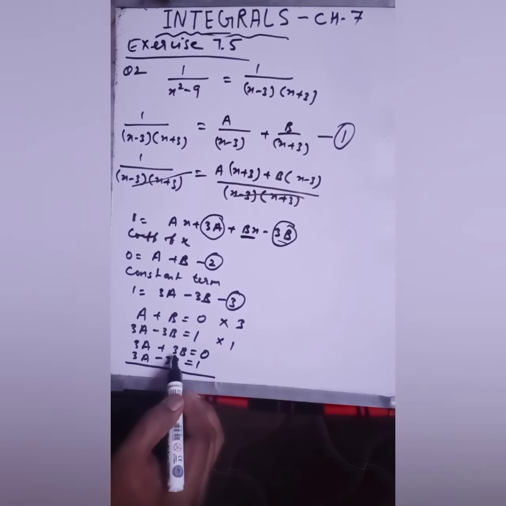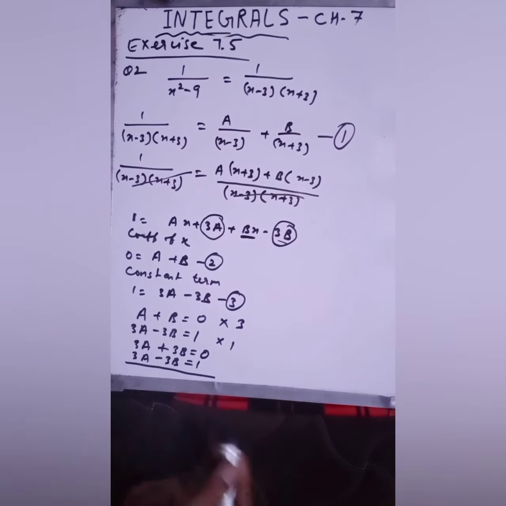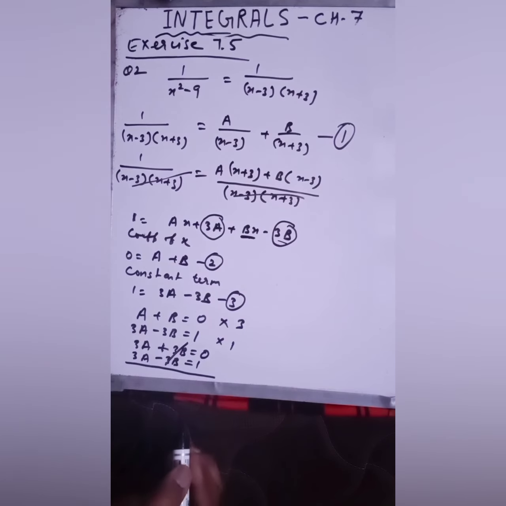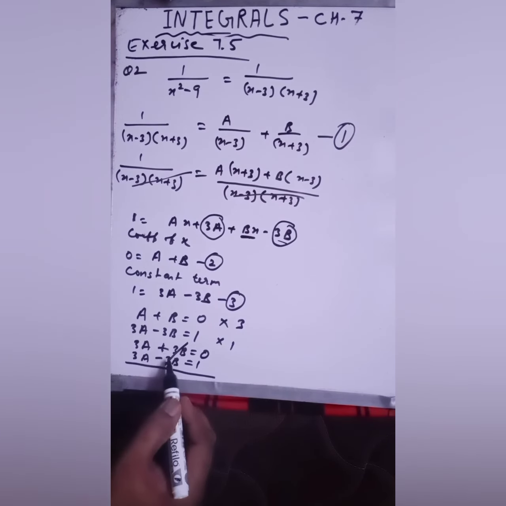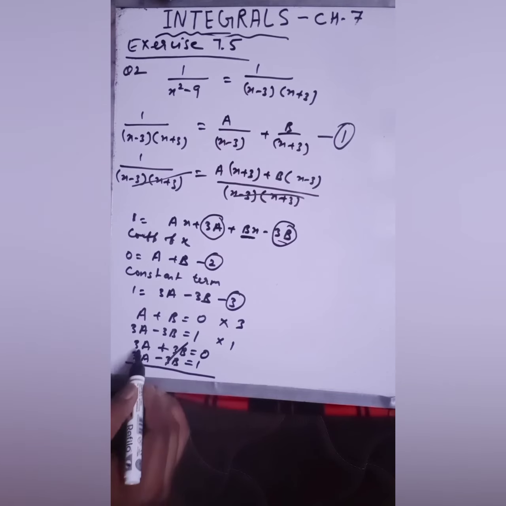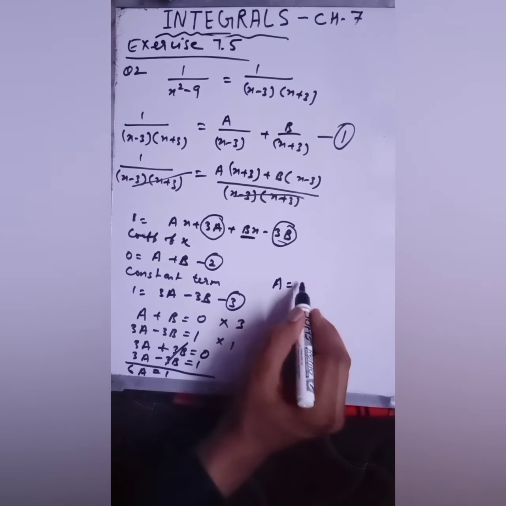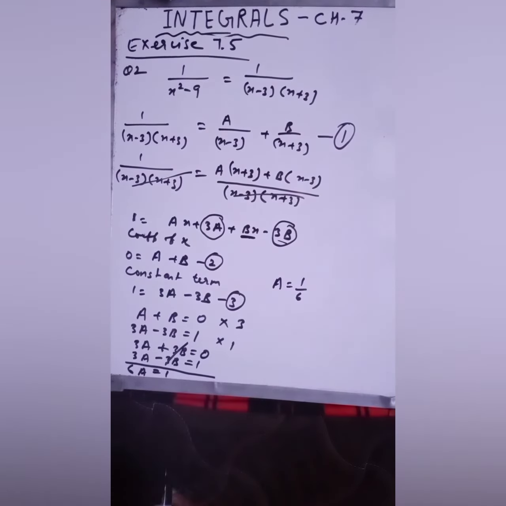As you can see here, the coefficient of a and b both are coming the same. Here this is plus, this is minus, so this b and b you can cancel because they are equal, and you don't need to change the sign. And 3a plus 3a would be 6a, that is equal to 1. So your a would be 1 by 6.